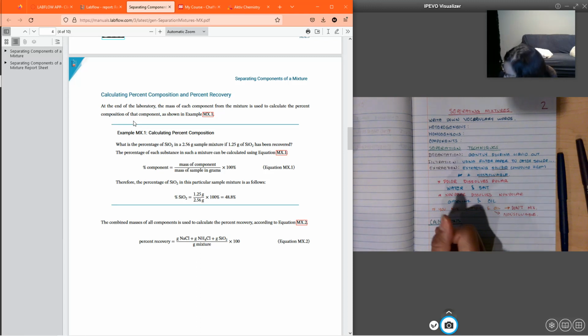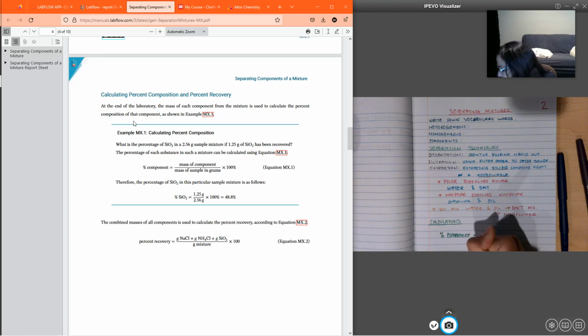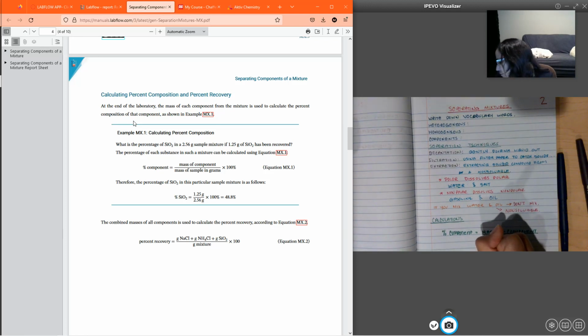Let's write our equation down. So the percent of a component, right, is equal to the mass of your component divided by the mass of the sample in grams.